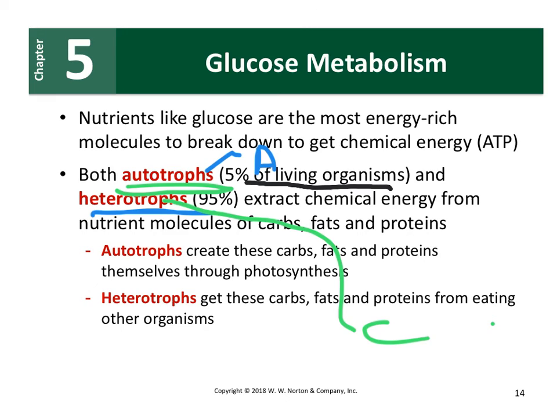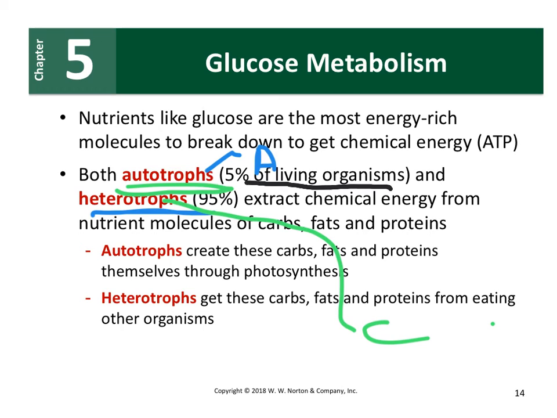Everything else has to get the glucose that they then break down to produce ATP by eating organisms that actually produce glucose, namely cyanobacteria, algae, and plants.